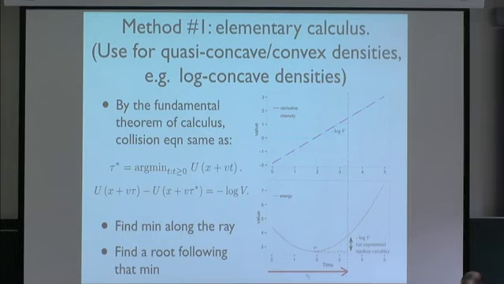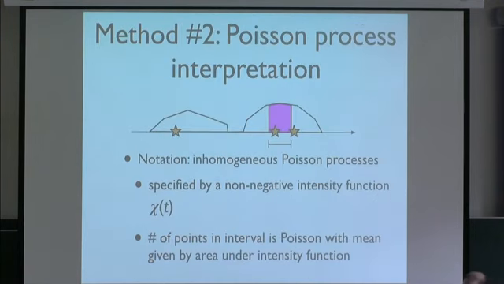So this also covers, for example, quasi-concave or convex densities where the contour lines are convex sets. But of course, we would like to go further than this. So we're going to look as well at a way to compose these optimization problems to solve more interesting problems.